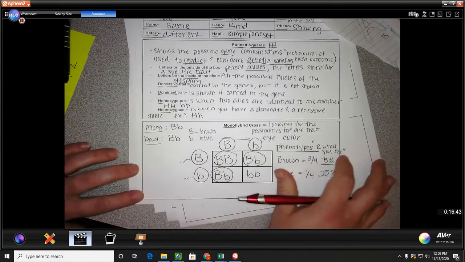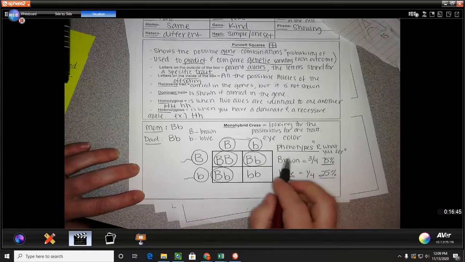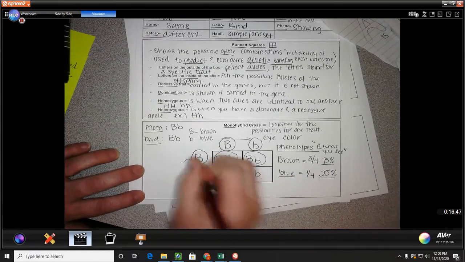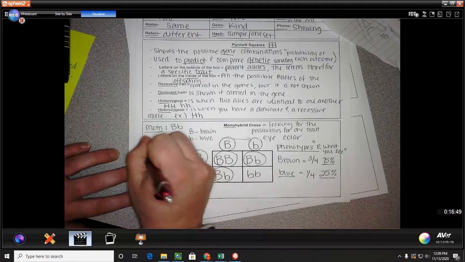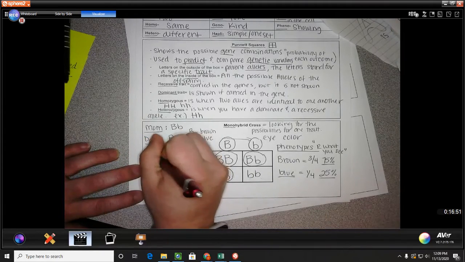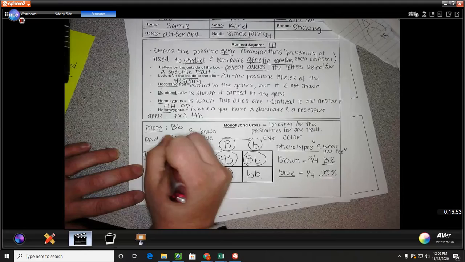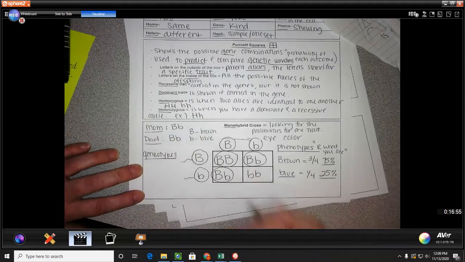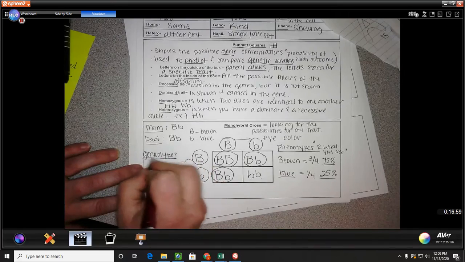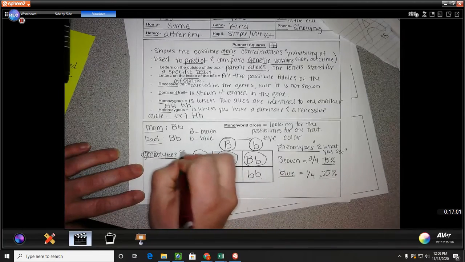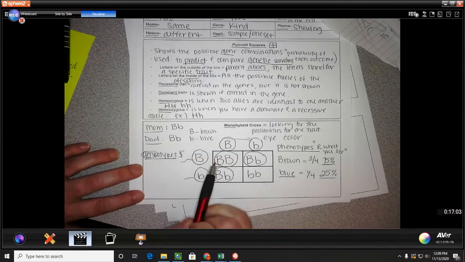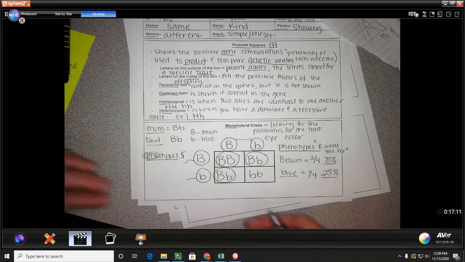Okay. Now, phenotypes are what we see. Now we're going to look at genotypes. Genotypes are your genetics. So genotype, genetics, that's your DNA. So I can see brown eyes, I can see blue, but if I look at these big B, little b's, these are just letters to me.